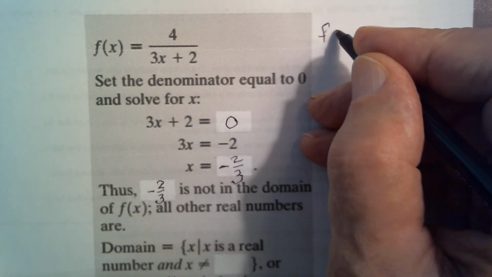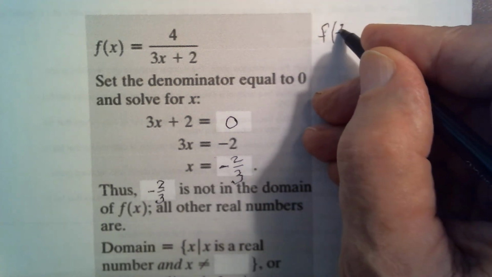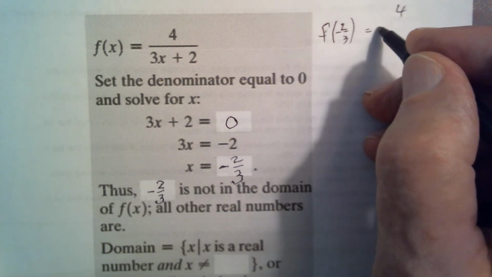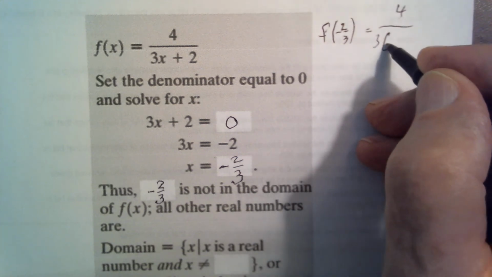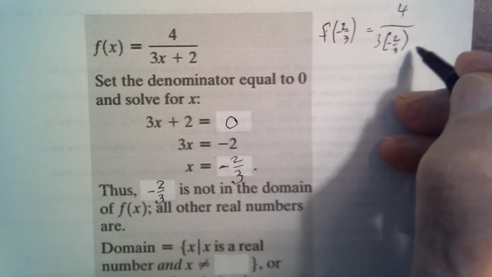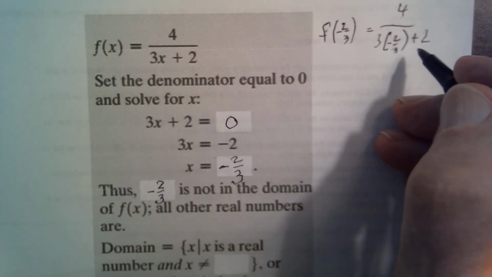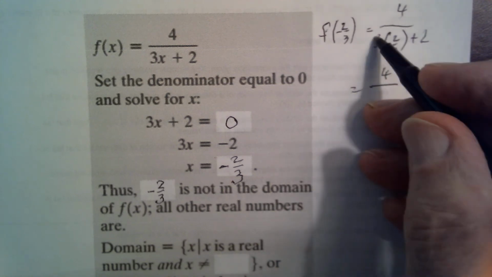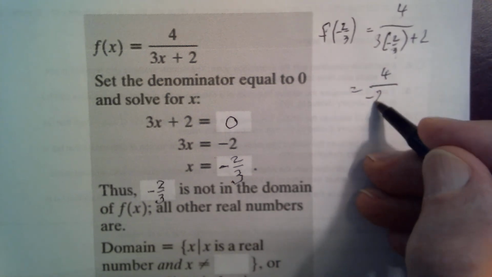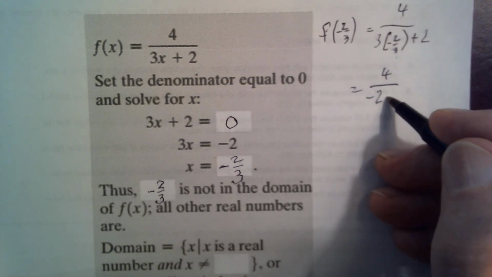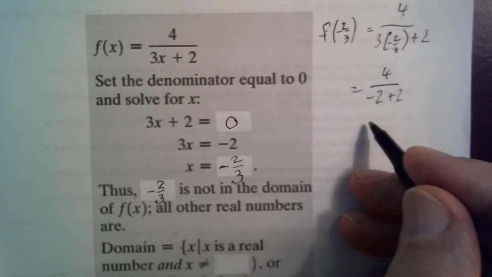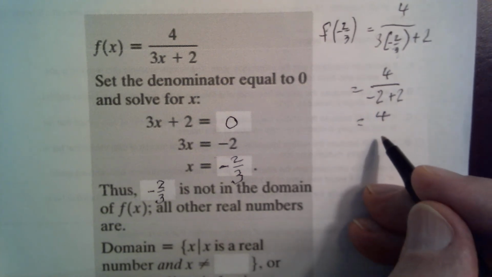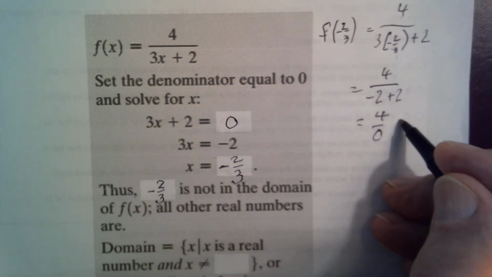So if we calculate f of minus 2/3, that means we replace x with minus 2/3, we get 4 divided by 3 times minus 2/3 plus 2, and that is equal to 4 divided by, so the 3's cancel, we just get a minus 2 from this term here, and then a plus 2, and since minus 2 plus 2 is 0, we get 4 divided by 0, and again that's undefined.